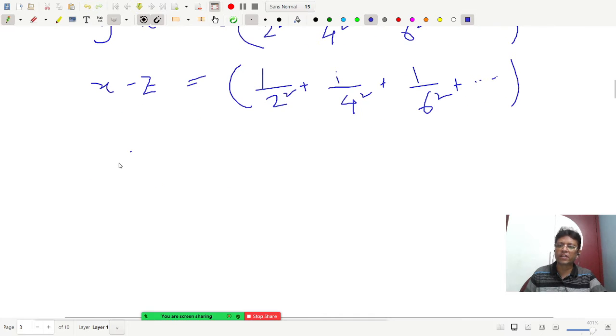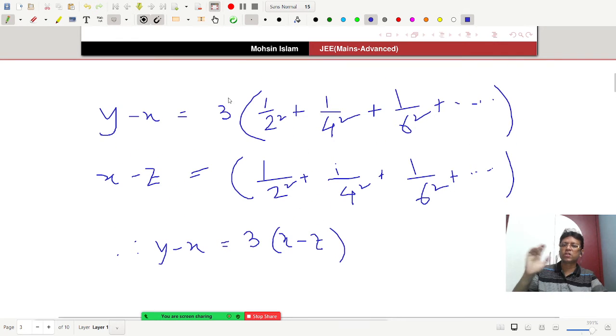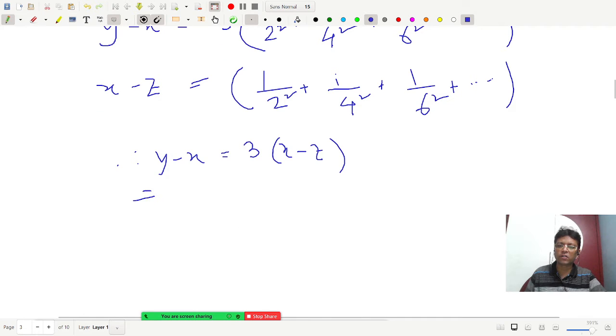So we can write y minus x equals 3 into x minus z. So that is by observation you have to do. So this is a very simple form now. So you can write 4x equals y plus 3z.